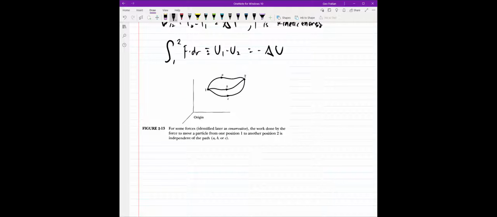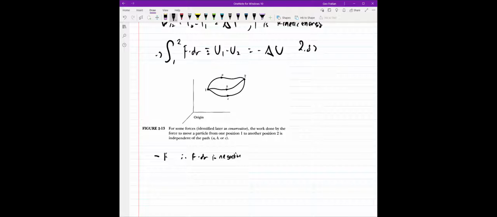So now, what we know is that if we let the force in equation 2.87 be negative, so let's say F is negative, therefore F dot dr is negative, right?